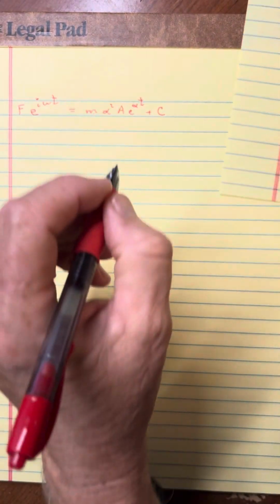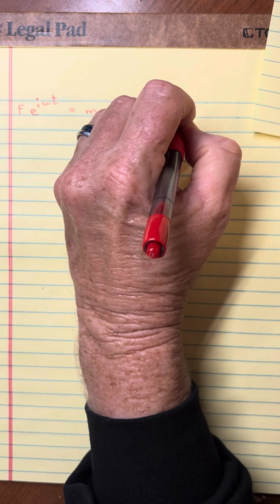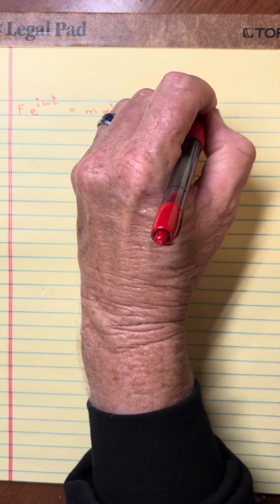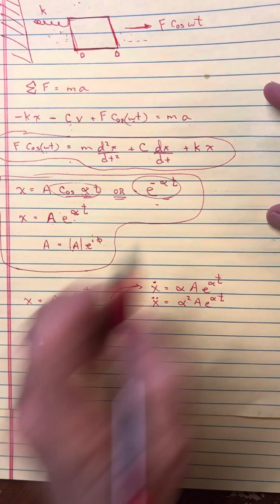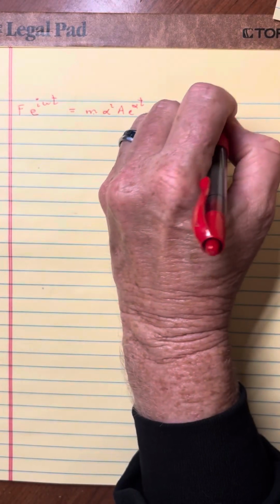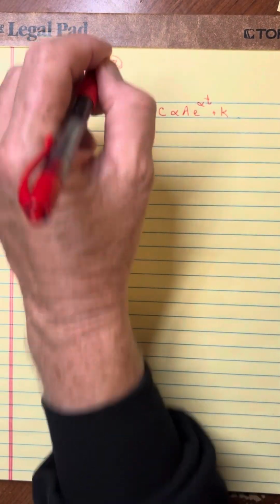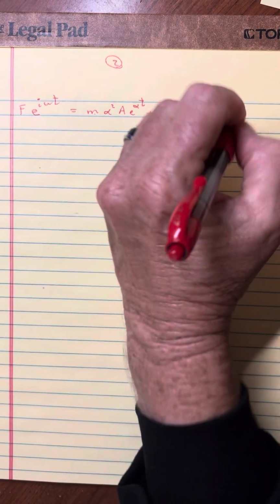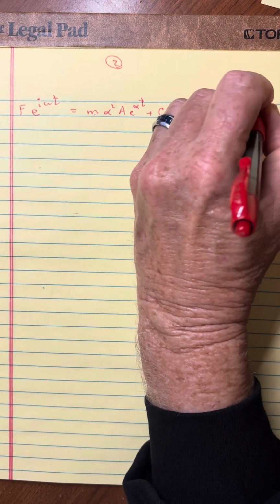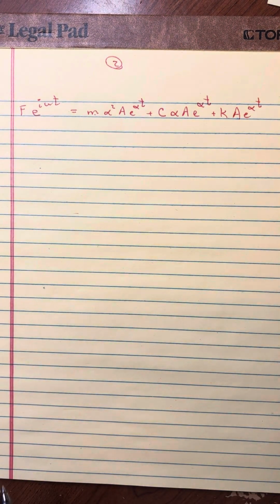The second term would be c, and the first derivative would be alpha a e to the alpha t. And the last term then would just be k. Oh, I better put page number 2. Would be a e to the alpha t.